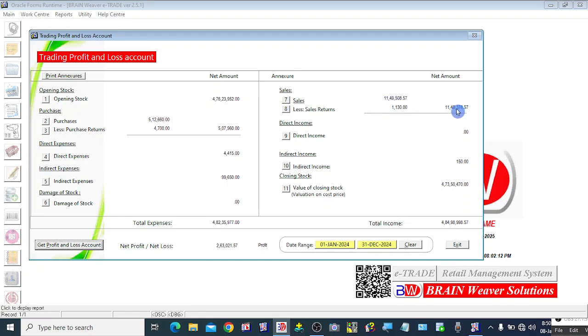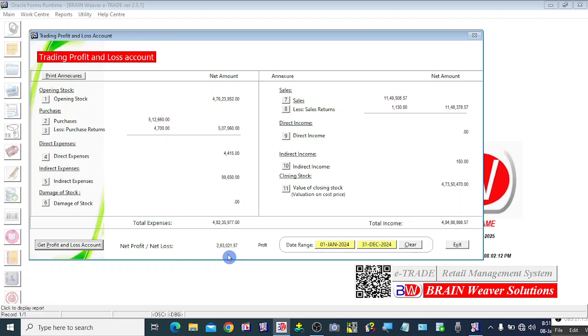Sales and sales return, direct income, indirect income, the closing stock valuation. If there is any damaged stock, that will also appear here. And during the year 1st January 2024 to 31st December 2024, the net profit is 2,63,021.